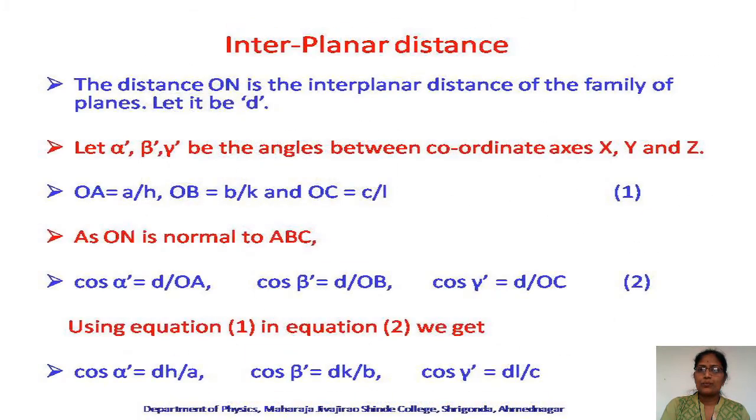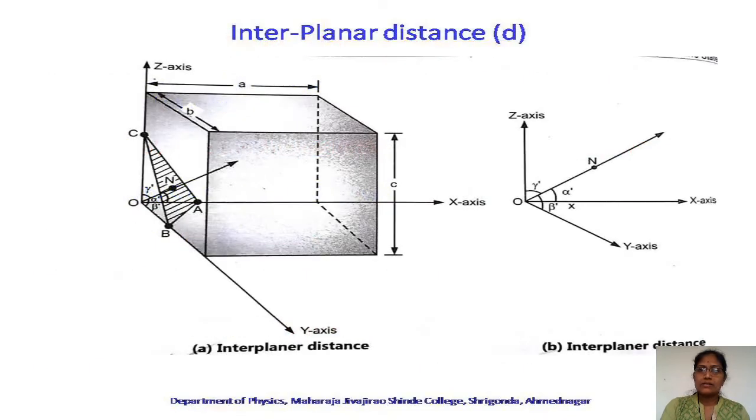Now we have to calculate cos beta dash. Cos beta dash is nothing but the cosine of the angle between ON and OB, and cos beta dash is equal to ON upon OB.